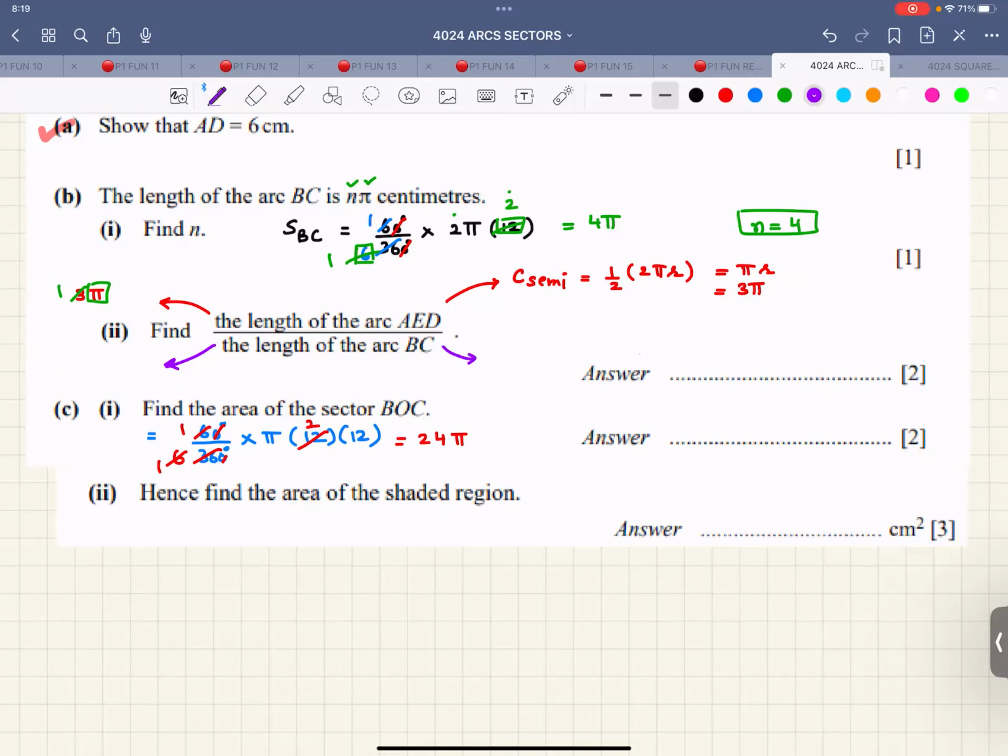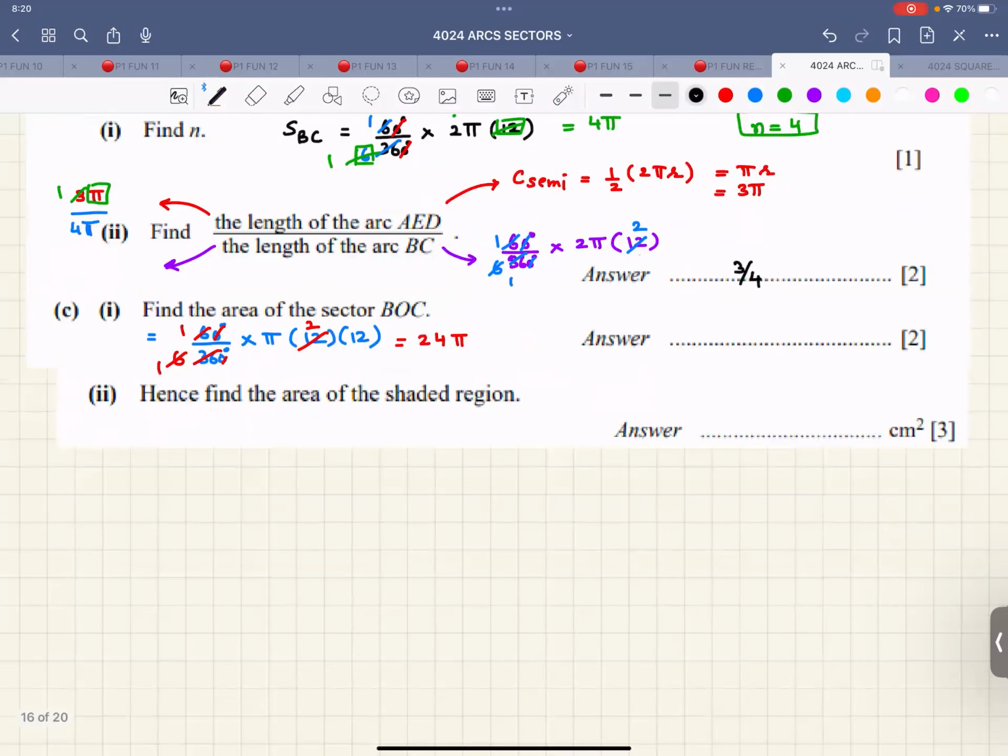So this is theta, which is 60 over 360 degrees into 2 into pi into r. R is 12. So therefore, the zeros cancel out. 6 1s are, 6 6s are, 6 1s are, 6 2s are, 2 into 12. That is 2 into 2 is 4 pi. So 3 pi over 4 pi. This comes out to be 3 over 4. Coming back to this, this is 24 pi.